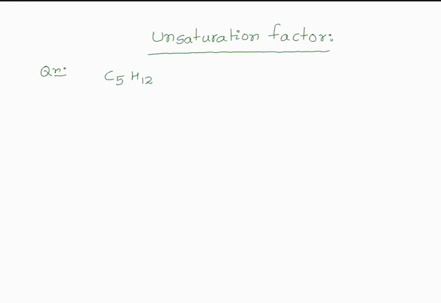Now you know, in case of a saturated alkane, the formula is CnH2n plus 2. So this is the formula for a saturated alkane.